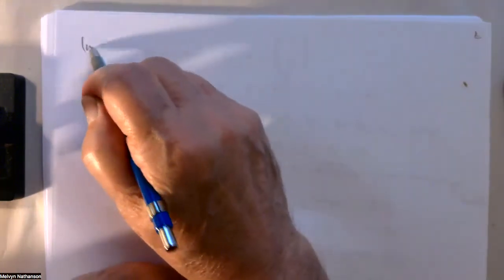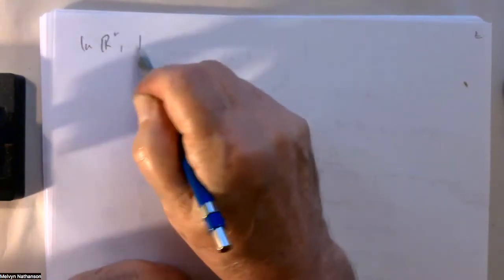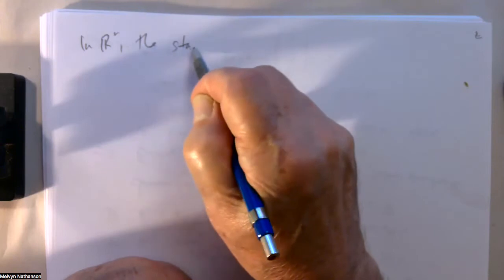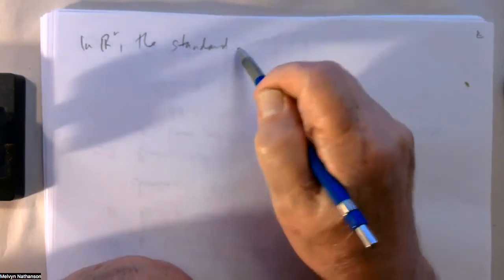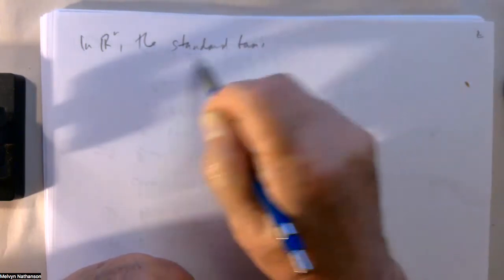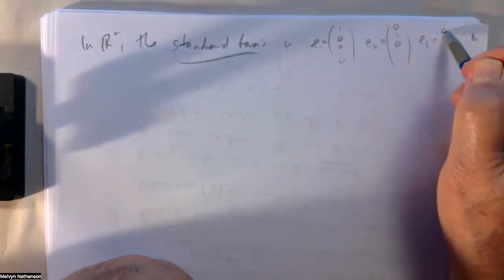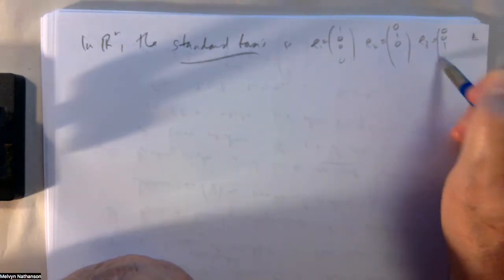First of all, in Rn, what is the standard basis? This is the one everyone knows. It has to be n vectors. So e1 is the vector 1, 0, 0, 0. e2 has 1 in the second place and 0 everywhere else. e3 is 0, 0, 1, and so forth.